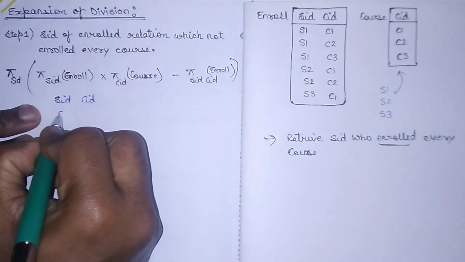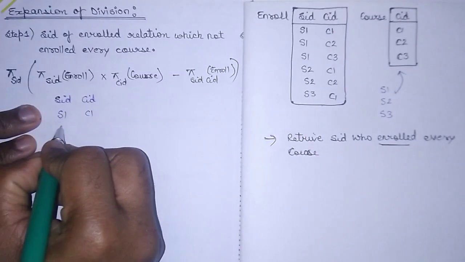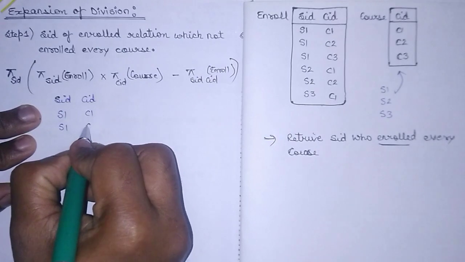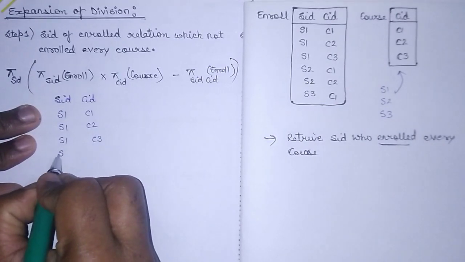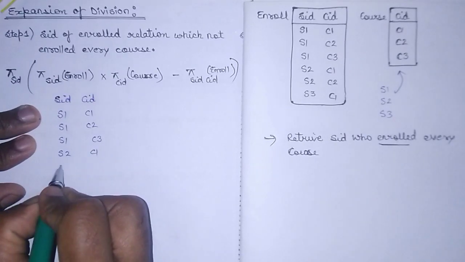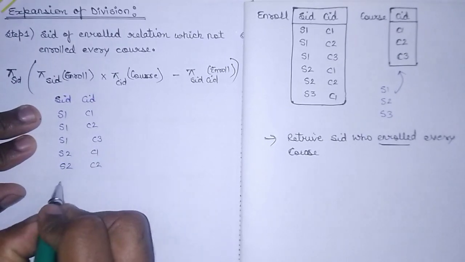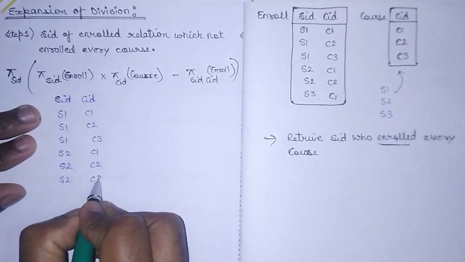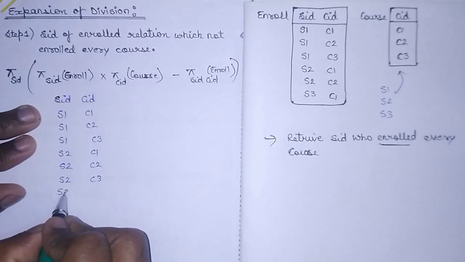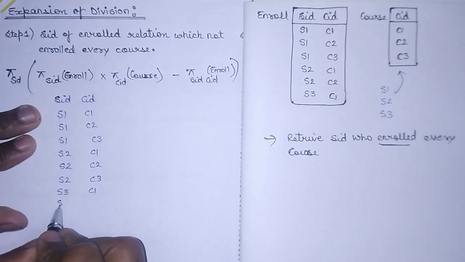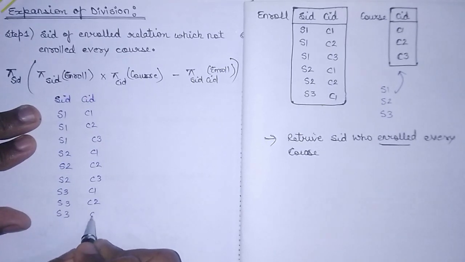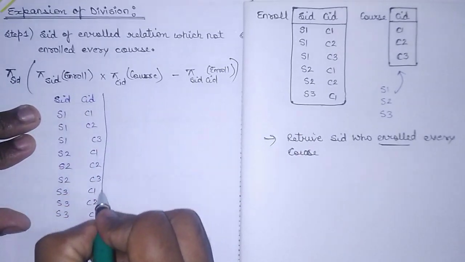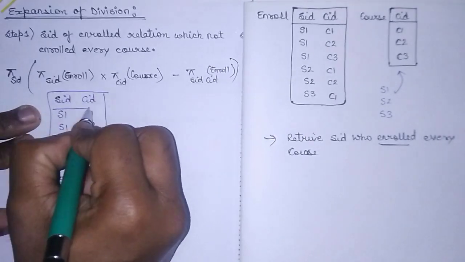So what will be the table? S1, C1, S1, C2, S1, C3. Then S2, C1, S2, C2, S2, C3. Similarly for S3, C1, S3, C2, S3, C3. So this is the result of this particular query.